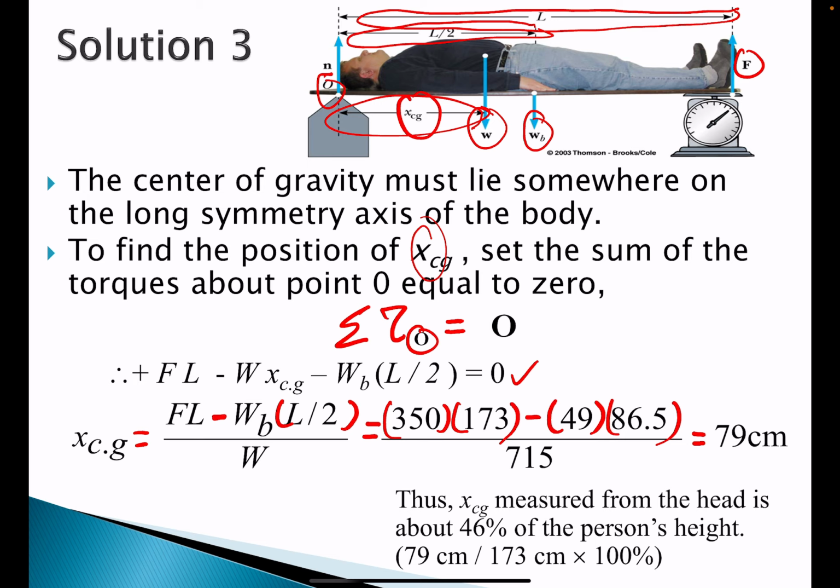Thus, the XCG measured from the head is about 46% of the person's height, which is the 79 cm that we get, divided by the 173 cm times 100. So that's where you get the 46% of the person's height.